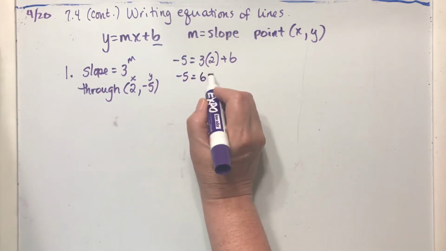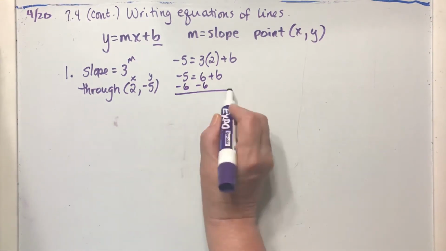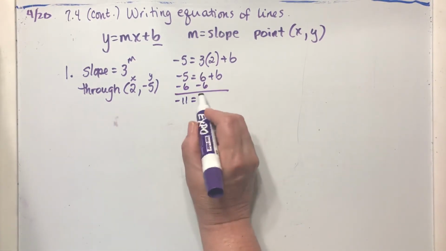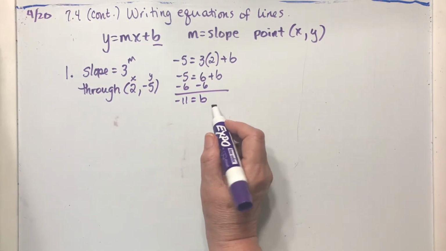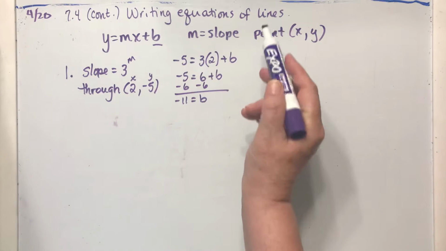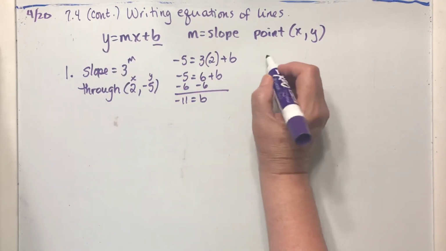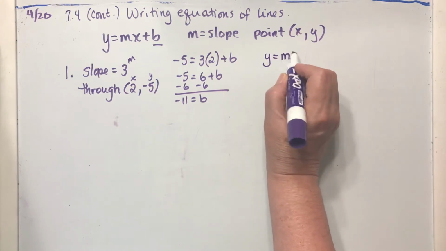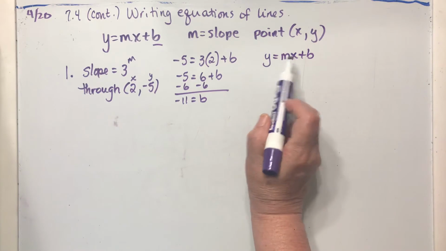So 3 times 2, we can solve this equation. 3 times 2 is 6. So to solve this for b, I'm going to subtract 6 from both sides, and I get -11 equals b. But we're not done. Now we want to actually write the equation of the line. So when you go back to write your equation of a line, you're going to use this formula again, the formula we just used, and before we plugged in the y, the m, and the x.